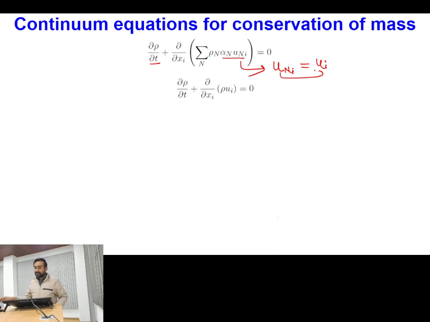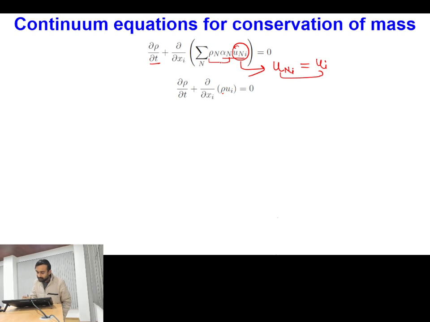Okay. So, if there is no relative motion between the phases, UNI equal to UI, then this term I can take out of the summation sign, because this is the same for all phases, and in the summation sign I will only have rho n into alpha n. And the summation of rho n into alpha n will become nothing but rho, the mixture density.